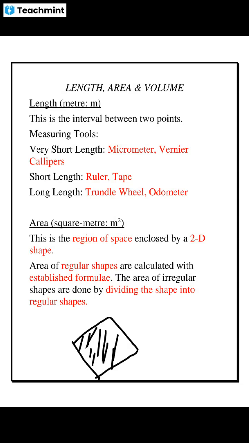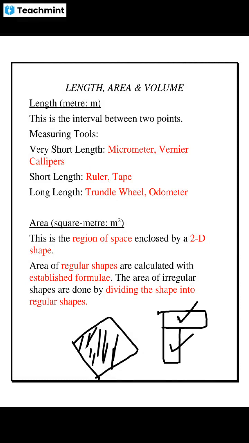For example, this is not a regular shape. If I want to measure this shape, I can cut it here. I can now calculate the area of this rectangle, calculate the area of this rectangle, and sum it up. That's how we calculate the area of an irregular shape.